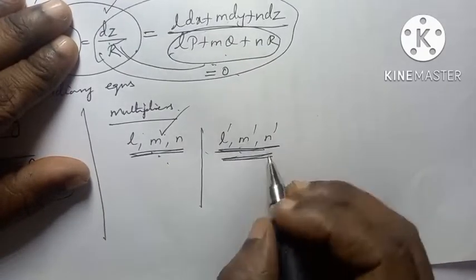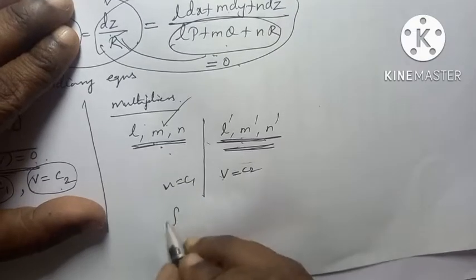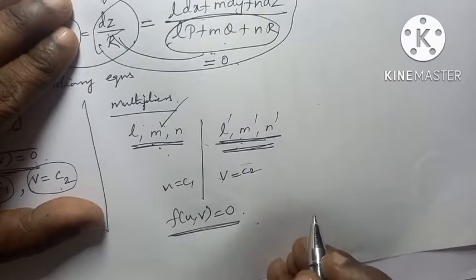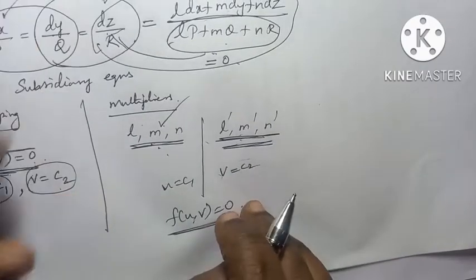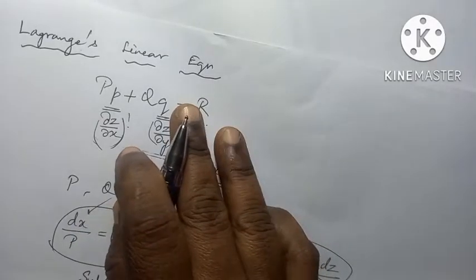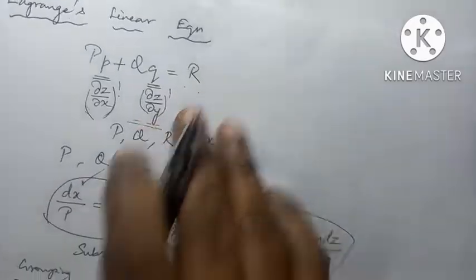Similarly, v equal to c2. From these two, you can get f of u comma v equal to 0, the general solution. I hope you have understood the procedure. Let us see the same discussion in problems.